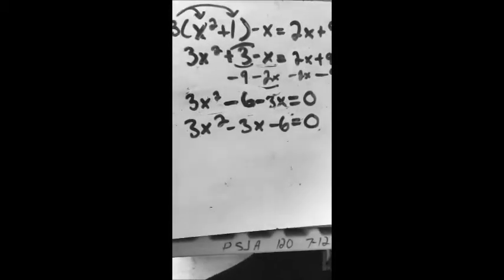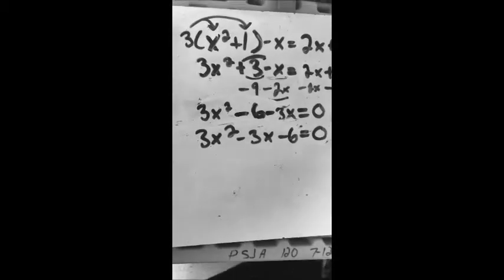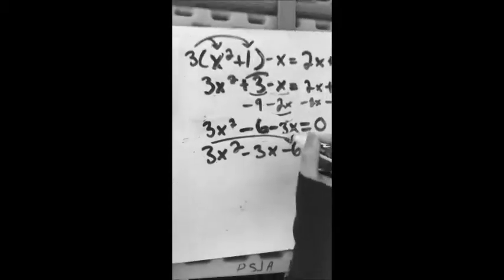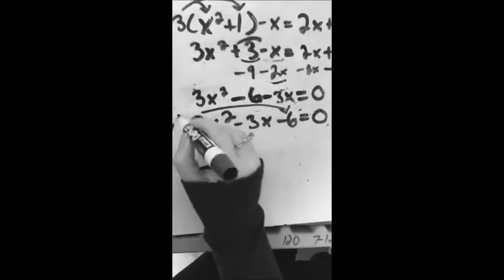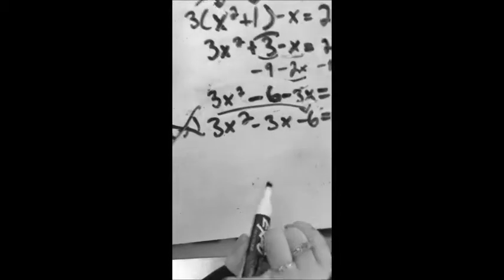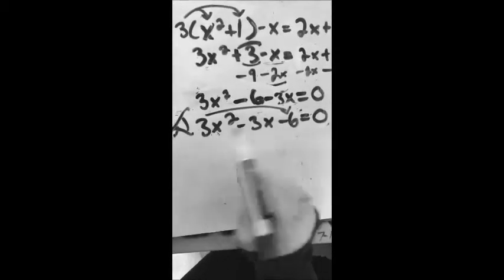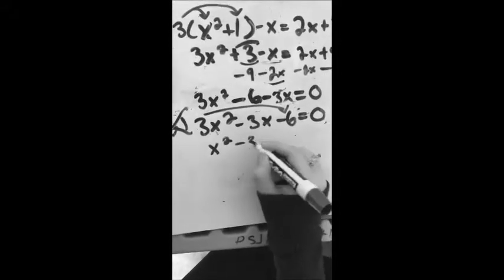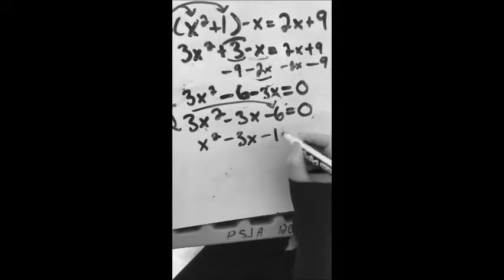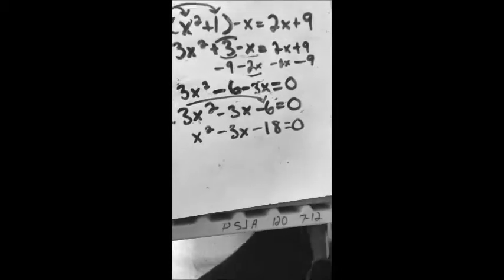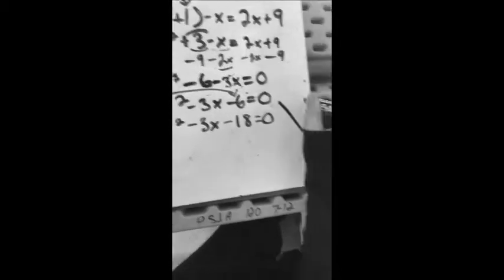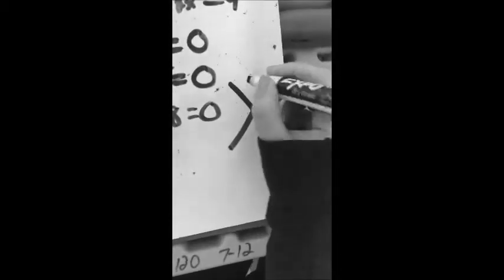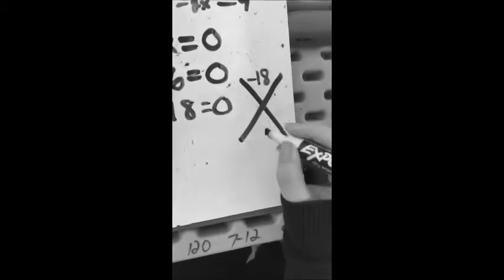Now we have to multiply a times c since a is greater than 1. The reason we did that was because we have to leave x squared alone. So it will give us x squared minus 3x minus 18 equals 0. Okay, so now we're going to use the x puzzle. The negative 18 goes on top and the negative 3 at the bottom.